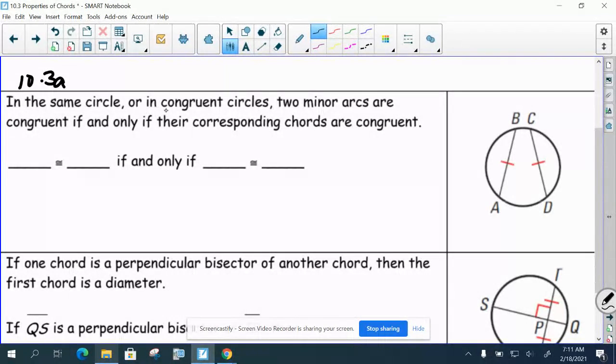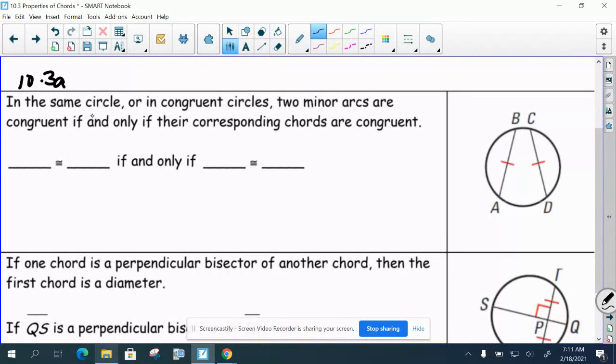So in the same circle or in congruent circles, 2 minor arcs are congruent if and only if their corresponding chords are congruent. So we're talking about arc AB and arc CD. If they are congruent, then the chords that create those 2 arcs are congruent.